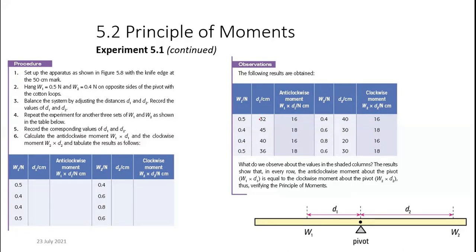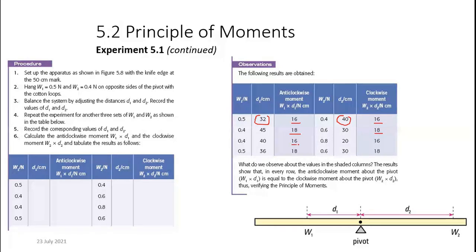The D1 is 32, D2 is 40. When we find the anti-clockwise moment and clockwise moment, we find they equal 16 and 16. In the other experiment, 18 equals 18 for the clockwise.